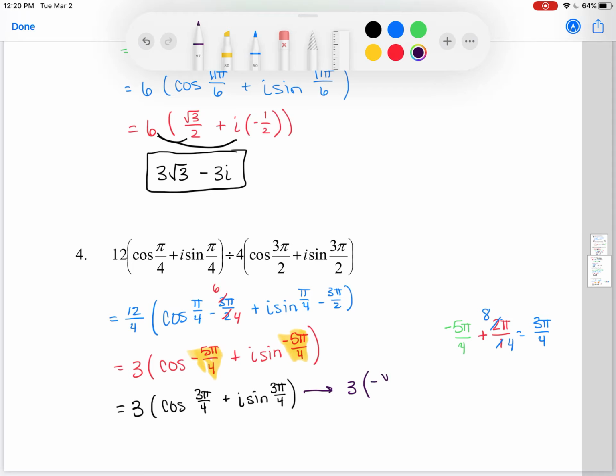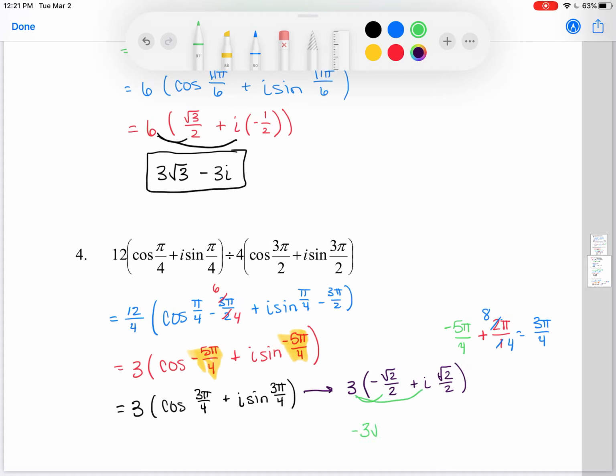So I'll go from here and I will swap them out with my unit circle values. Cosine at 3 pi over 4 is negative root 2 over 2. And sine at 3 pi over 4 is a positive root 2 over 2.